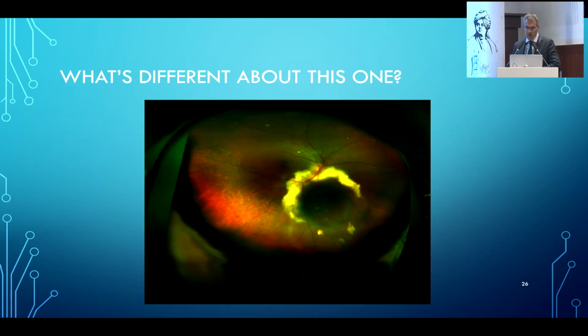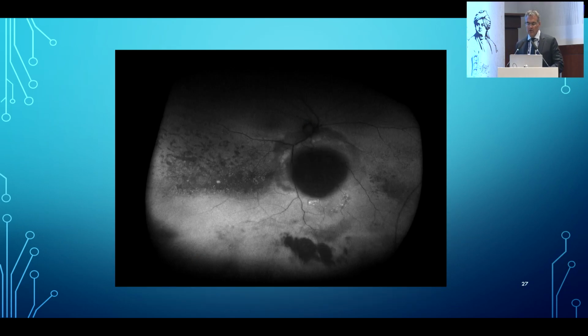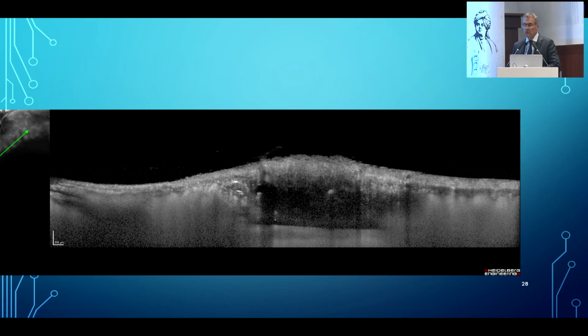Here's another dark tumor with a lot of exudate around it, which is a little unusual, of course. And when you do autofluorescence, you find it's very dark, and there doesn't appear to be much autofluorescence. Then when you look at it on OCT, enhanced depth imaging, it's not really in the choroid either.